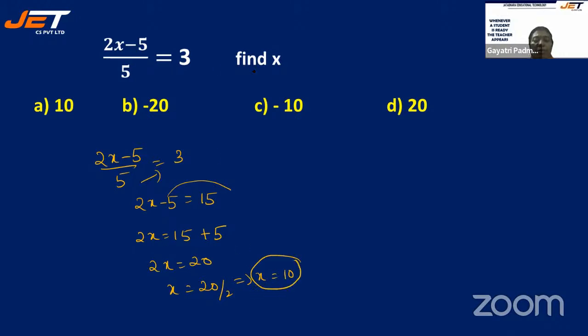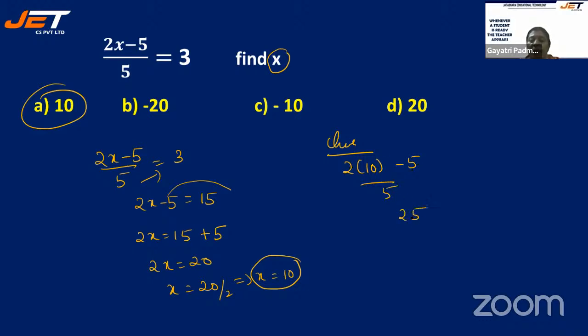So the value of x, so just quickly check what they are asking us. They are asking us to find the value of x, so your answer must be A. So again, let us do the checking. 2 into 10 minus 5 by 5.